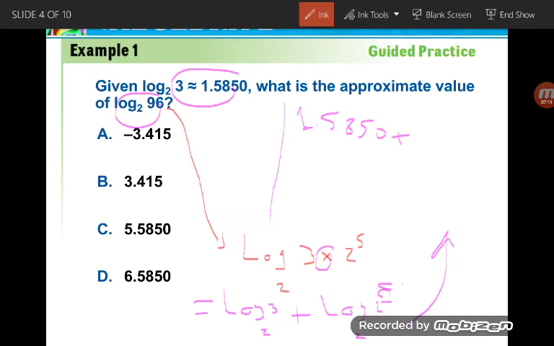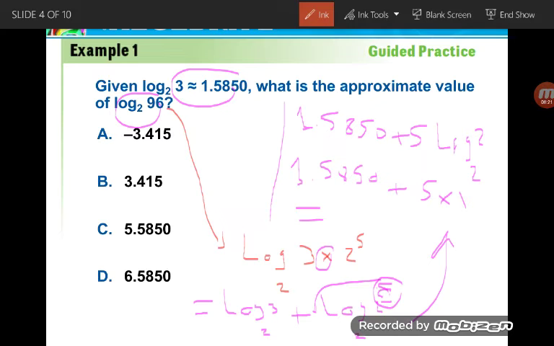You can take this 5 and multiply it by the log itself, so it will be 5 times log 2 for base 2, which is equal to 1. So the answer is 1.5850 plus 5 times 1. You can add both of them.